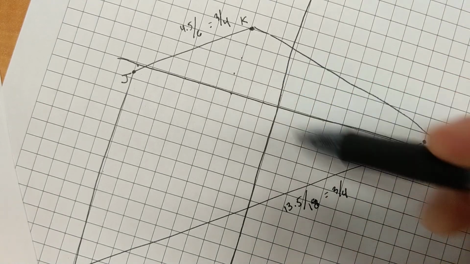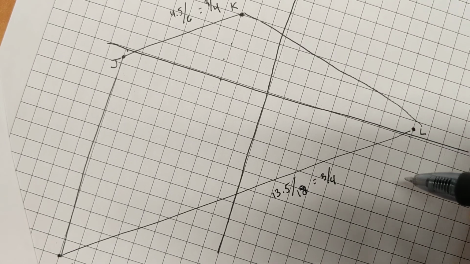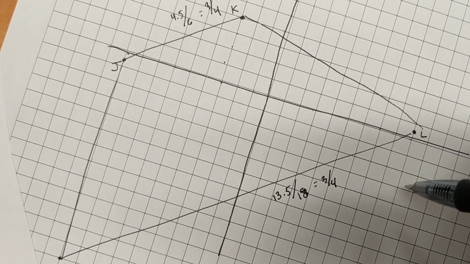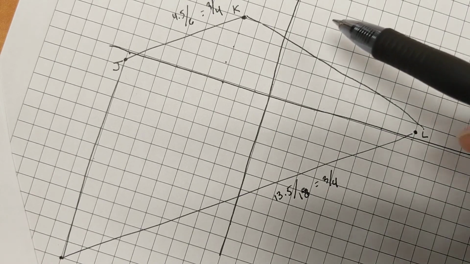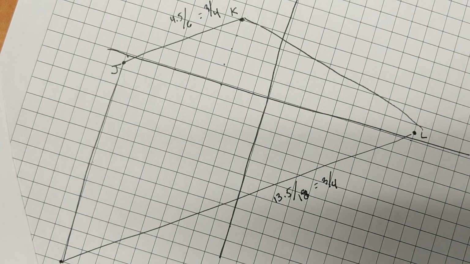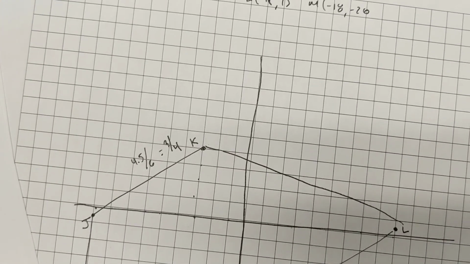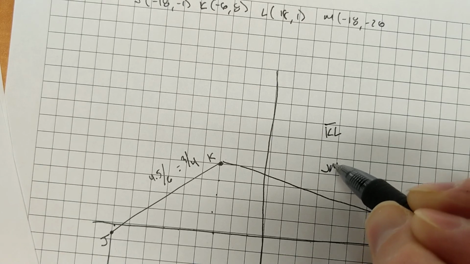So these two things are equal. So slopes are the same, so it is a trapezoid. To determine whether it's an isosceles trapezoid, I need to find the length from K to L and from J to M, and if those are the same, it's isosceles.